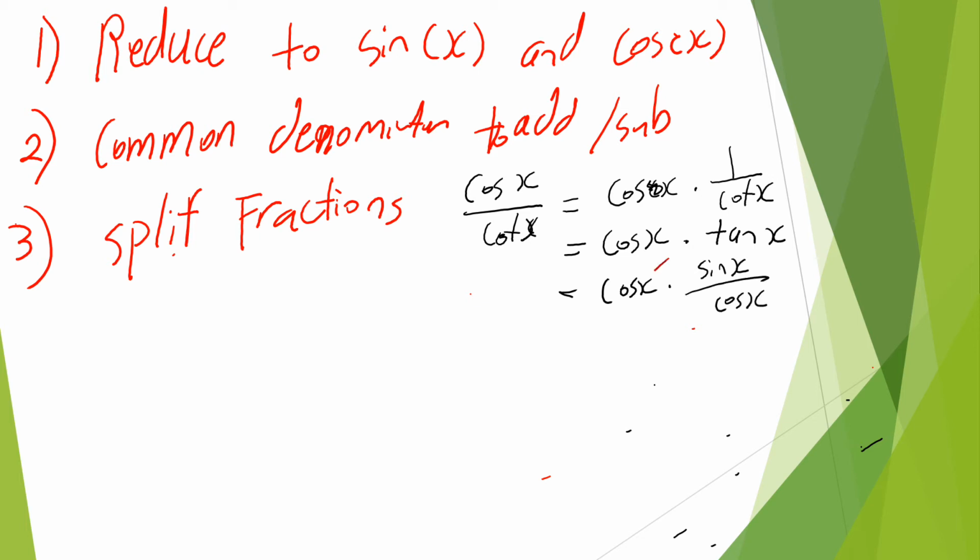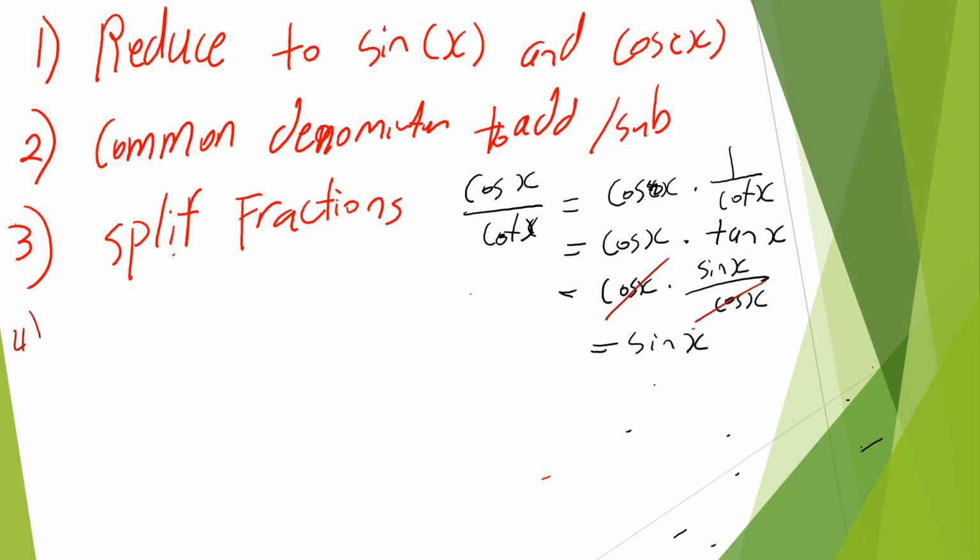Now I can simplify those two, and the answer is sine x. I started with cosine over cot, which is way more complicated than sine x, all by splitting the fraction. These are just examples of different methods you can use.